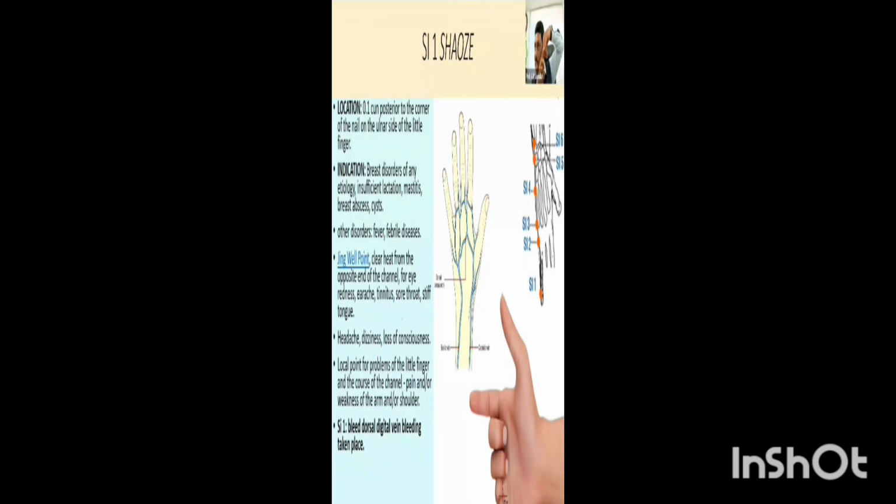Similarly, the arterial energy of the heart meridian is communicating to another arterial system known as Shaoze, that is the small intestine, because it goes chest to finger, finger to face, face to toe, toe to chest. Finger to face: the finger got terminated, again it starts from the finger, then ascends upward, reaching the facial region.